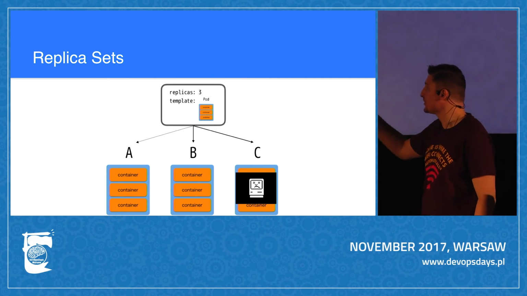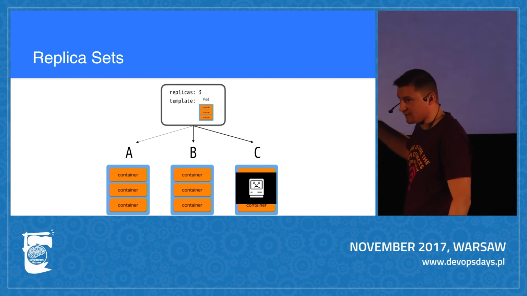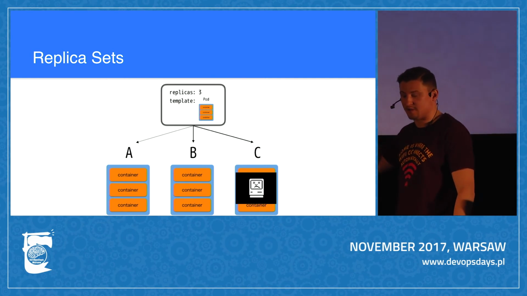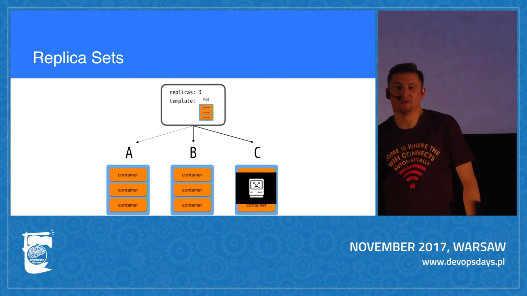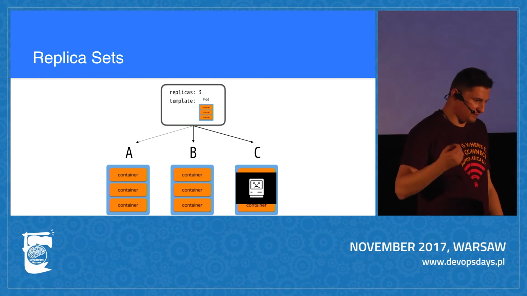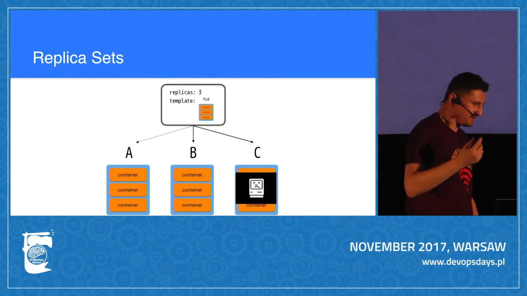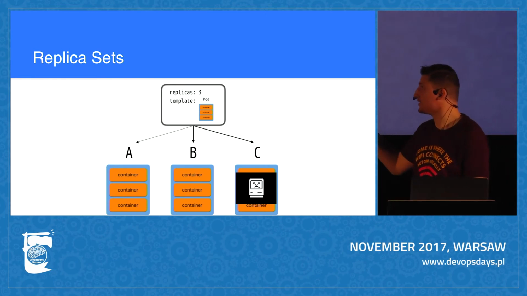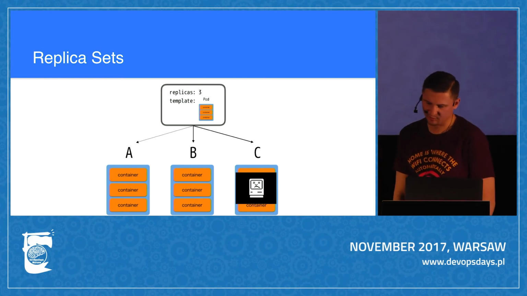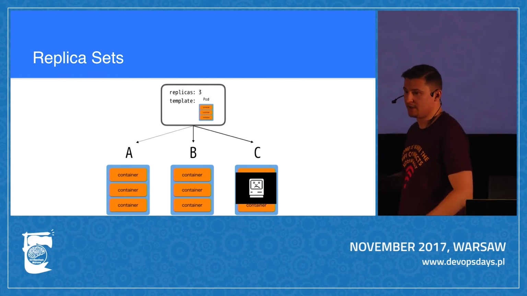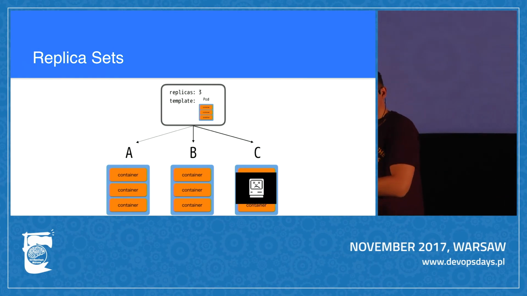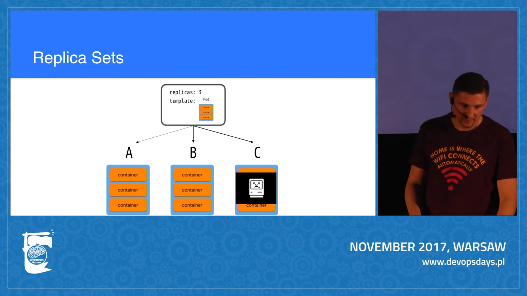We've got 3 pods created, and the job for the replica set is to ensure the replication in the specified version of replica. So we got 3 in this example. So whenever container C dies, in an immutable way it creates a new container, called D in the example.